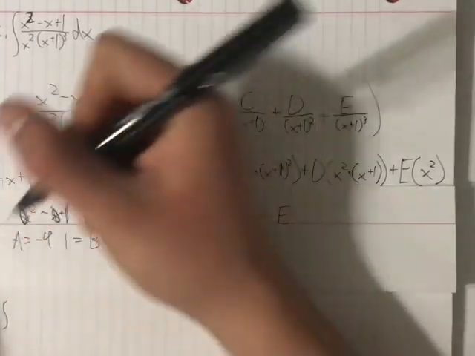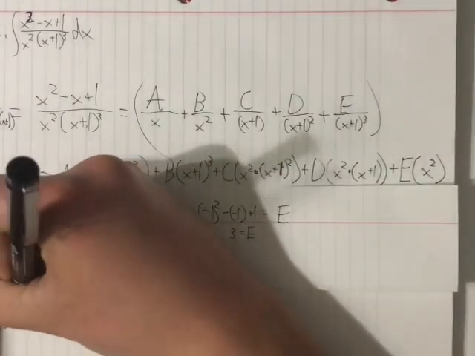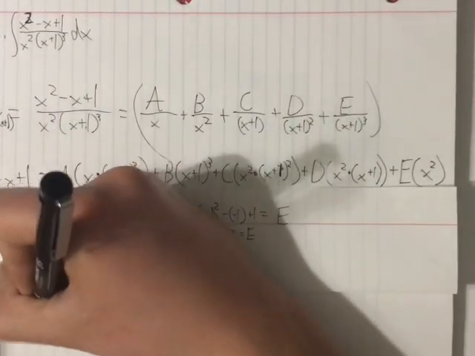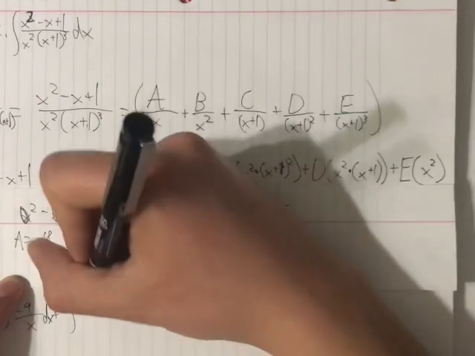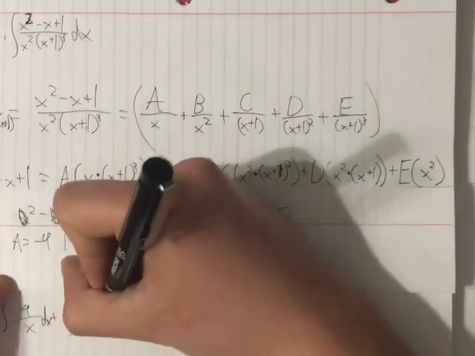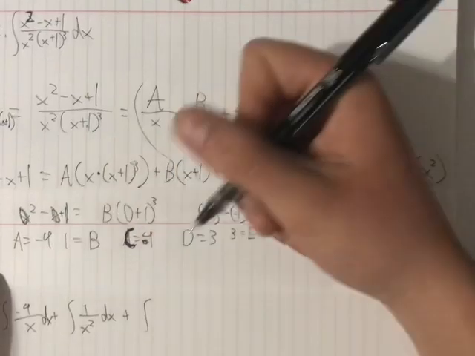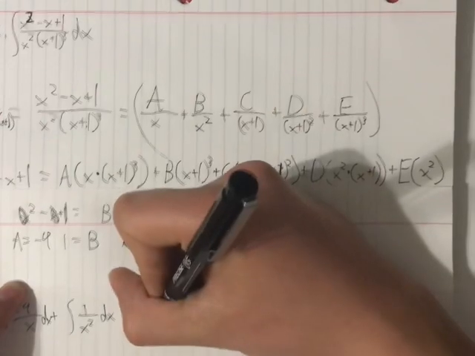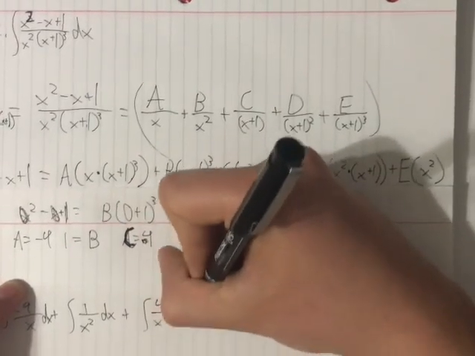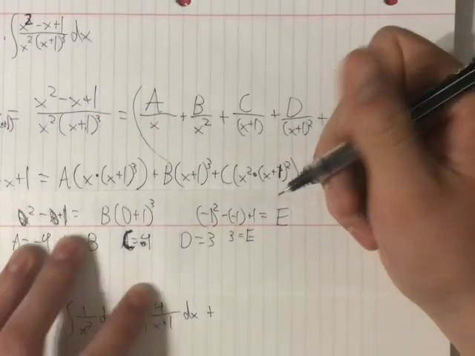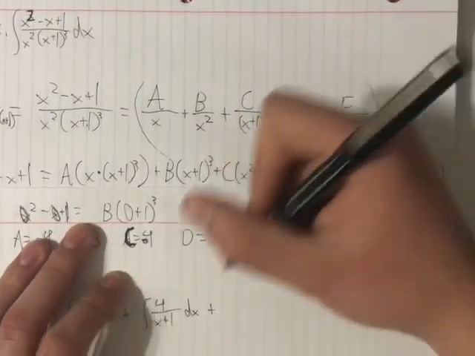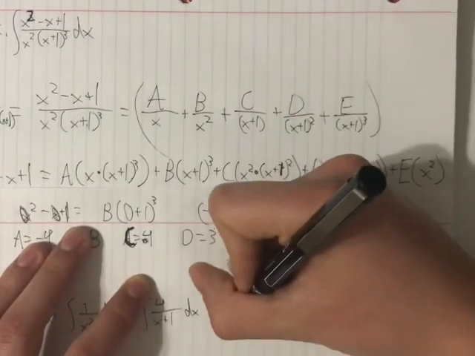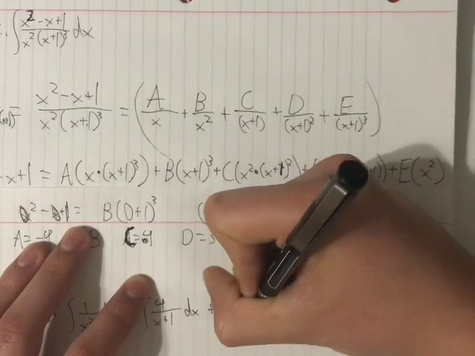So we have the integral of negative 4 over x, plus the integral of 1 over x squared, plus the integral of 4 over x plus 1, plus the integral of 3 over x plus 1 squared.